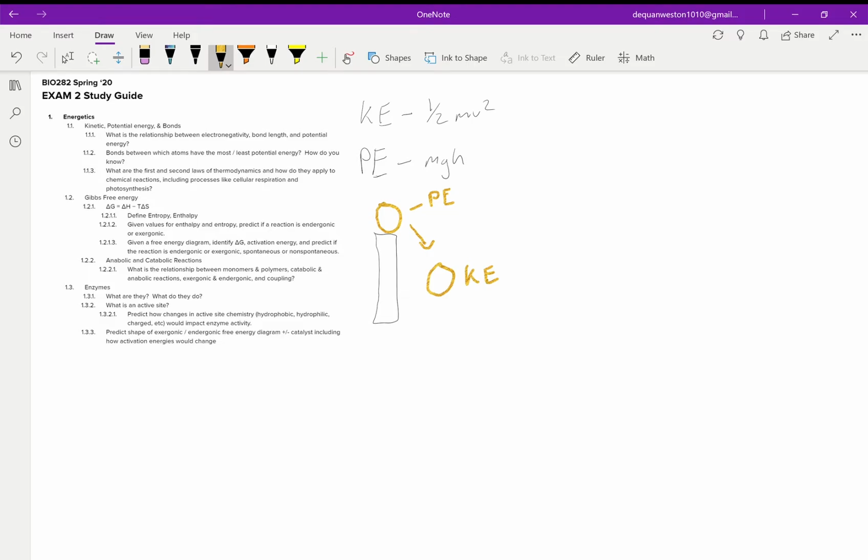And in biology, this is going to find importance in bonds. So I'm going to make a little table. So when it comes to bond, less polar equals longer bond equals more potential energy.